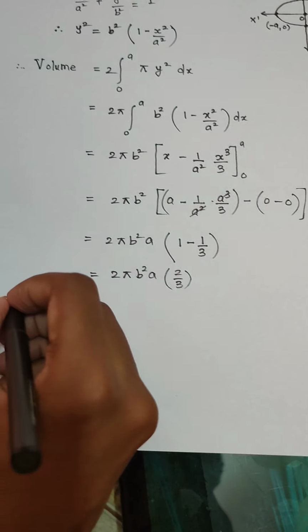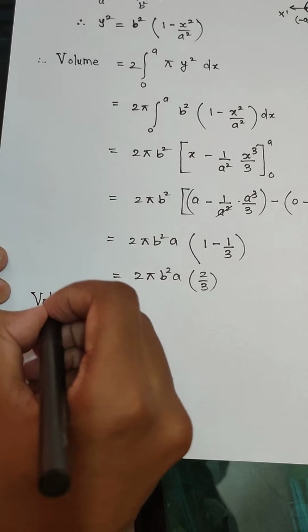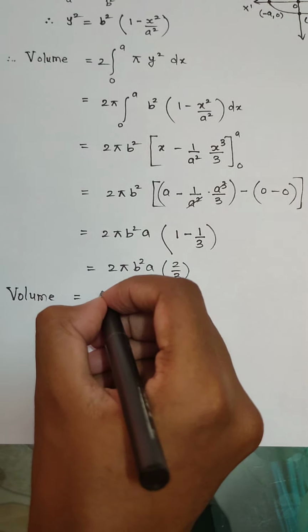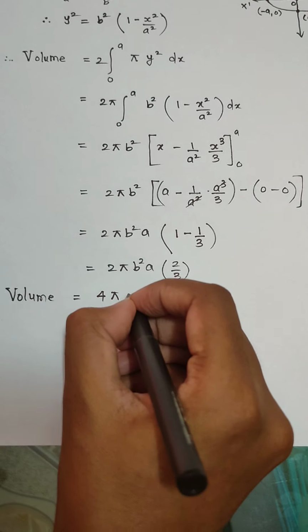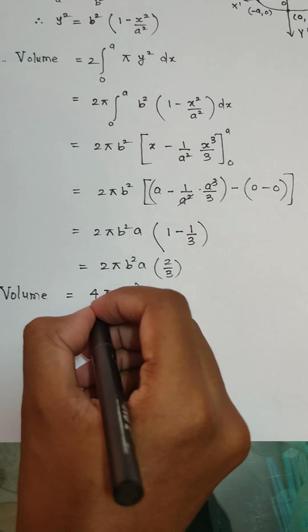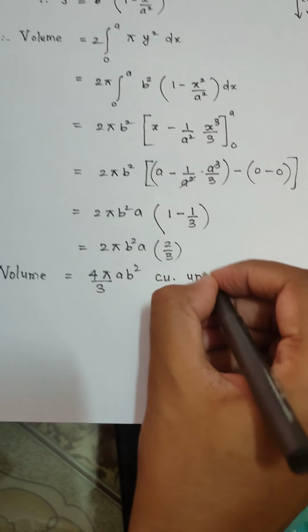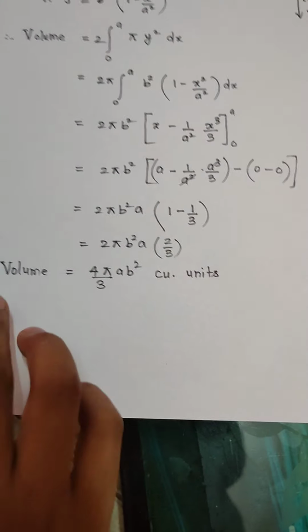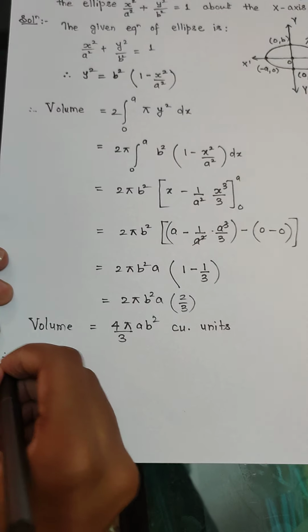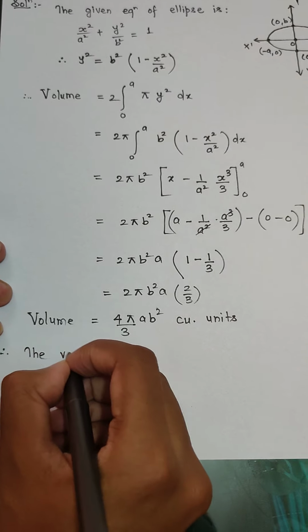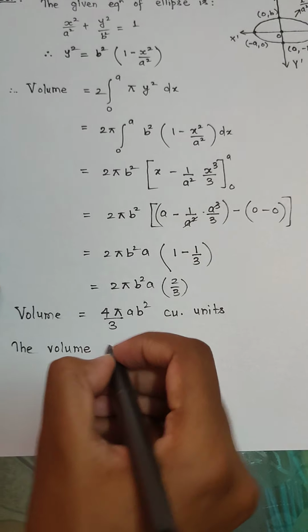So what is the volume we are getting in this case? Volume is equal to 4 pi a b square by 3 cubic units. Okay, so this is the volume, and let us write down the final answer. It's a good practice to write down the final answer.